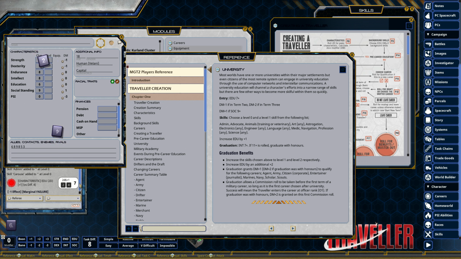I got a 6, then plus the 1, thank goodness, so that's a 7. So I did manage to get in. So I choose a level 0 skill and a level 1 skill from the following list. So let's see, admin, advocate, animals, art, astrogation, electronics, engineer, language, medic, navigation, profession, or science.